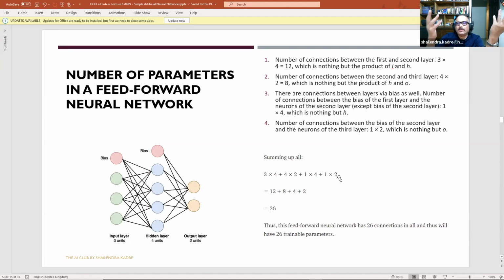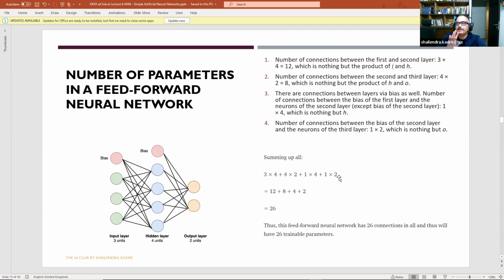If the neural network is bigger, your number will be bigger, but the calculation formula will remain the same. It is very simple, right? In technical terms, this neural network has 26 trainable parameters. Why 26 trainable parameters? Because during our iterations, during our backward pass, we have to update our weights and biases, which are 26 in number.